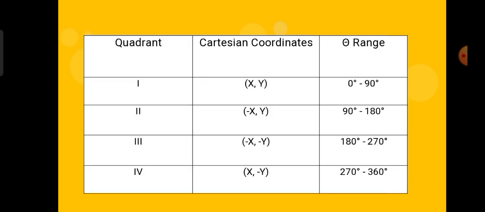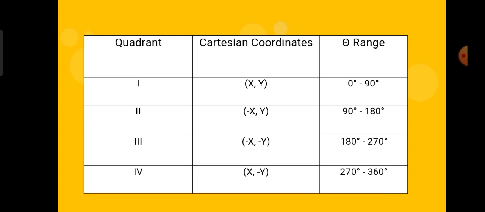So in quadrant 1, the Cartesian coordinates have positive x and positive y. In quadrant 2, we have negative x and positive y with a range of 90 degrees to 180 degrees.